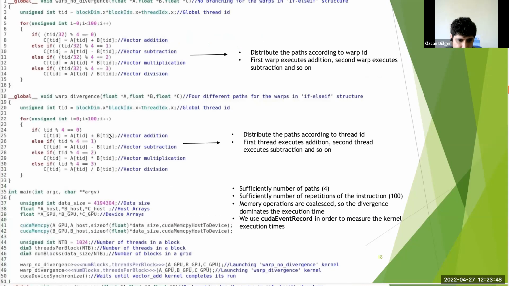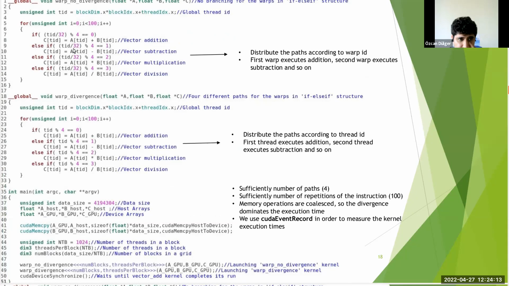Okay, let's examine our code here. We have two kernels, as you see. The first one is the no divergence implementation. The second one is the warp divergence implementation.